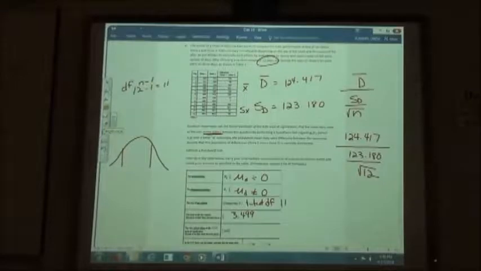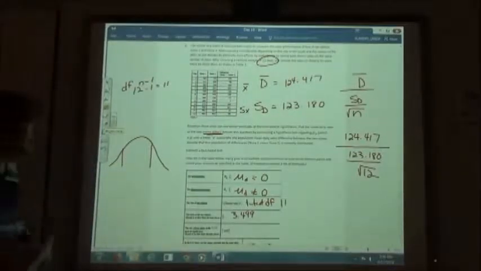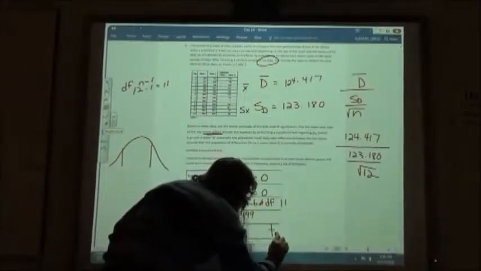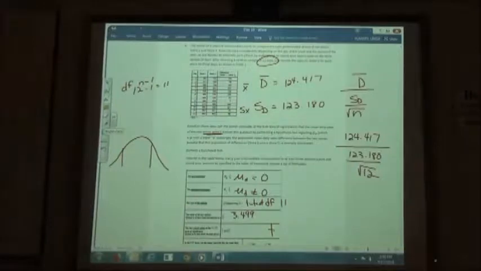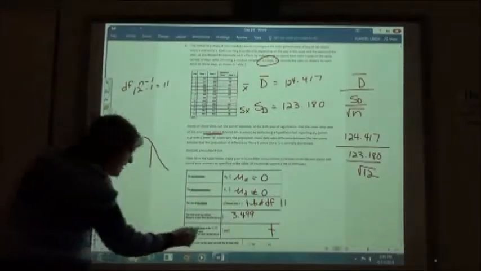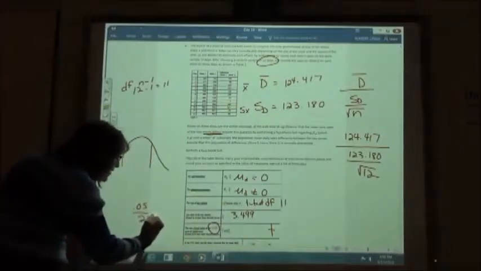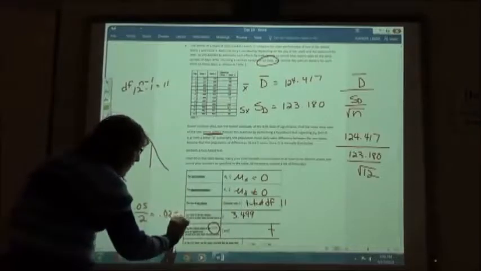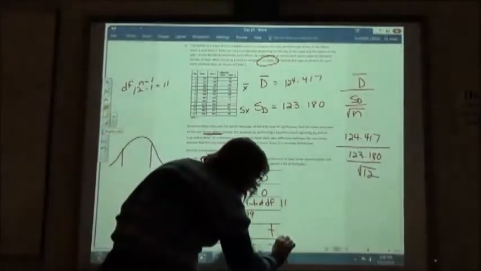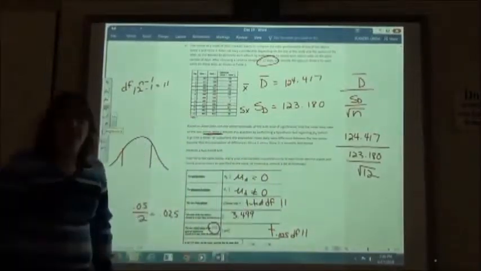We need to find our critical value. When we do the critical value, that's the T sub, right? Since we're doing a two-tailed test, we have to divide our level of significance by 2, right? 0.05 divided by 2 would give me 0.025. So we're going to do T sub 0.025 with a degree of freedom of 11.